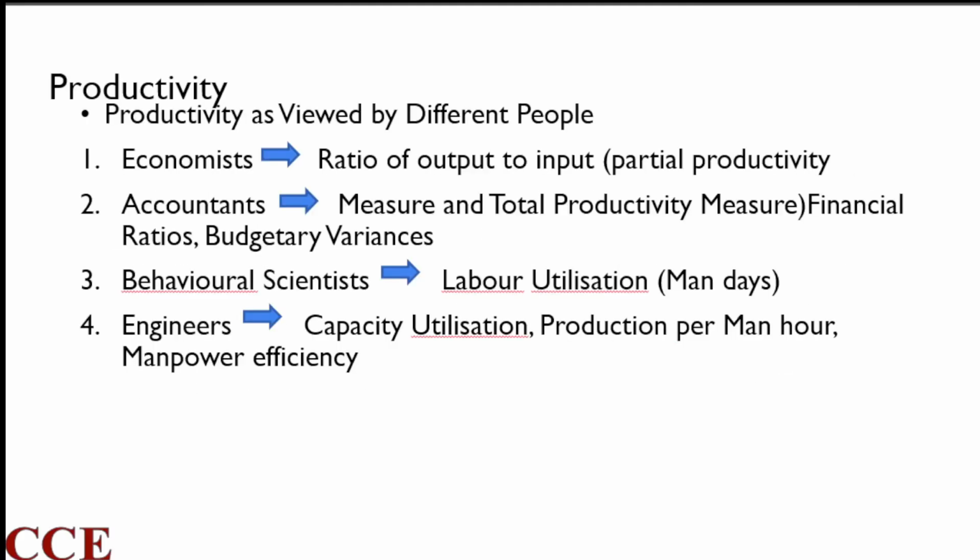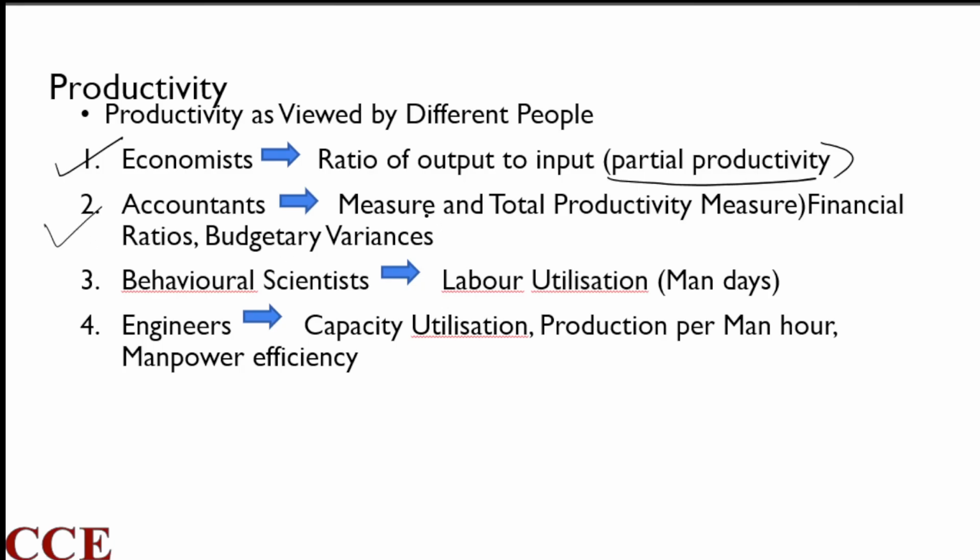Now, productivity may be viewed in a different way by different people. So, first is the economist. What economists see is a ratio of output to input, so we can say it can be the partial productivity.